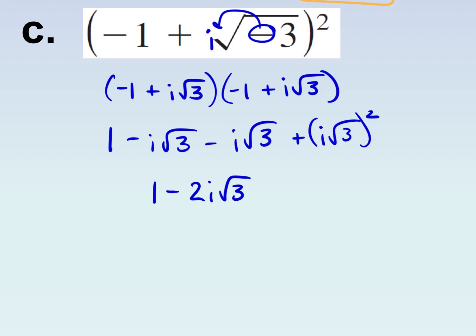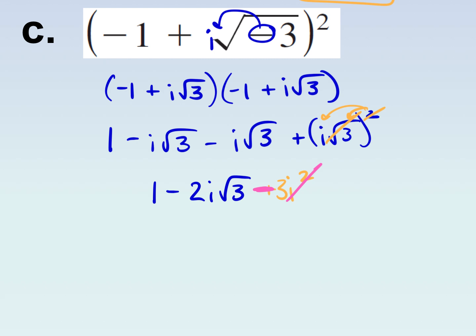Now for i square root 3 squared, we got to square the i and square the square root 3. What's i squared? I'll just leave as i squared for now. What's square root 3 squared? 3. So this would be times 3. And what does i squared change to? -1, so it'd make it a -3.